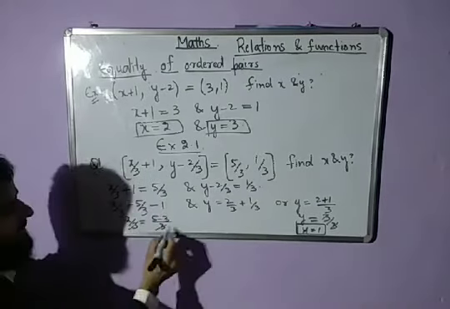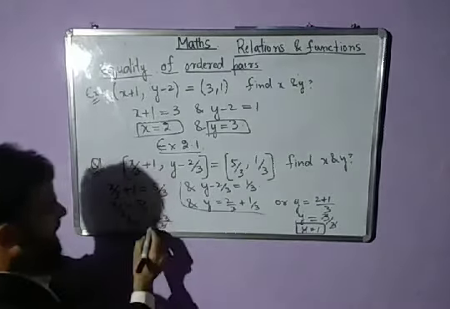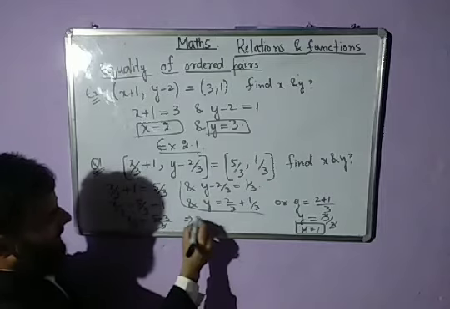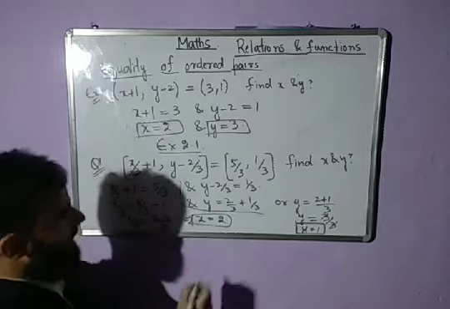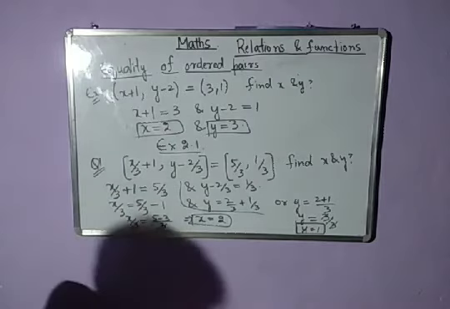And what is x here? The 3 and 3 cancel, so x is simply 5 minus 3, which is 2. So I have calculated x and y.